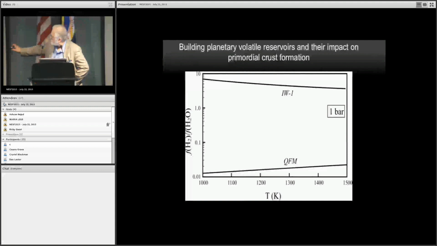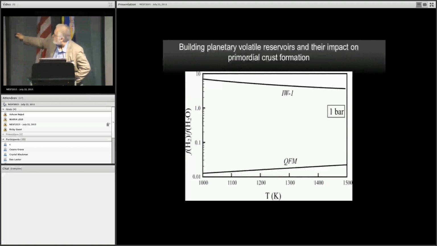how the fugacity of H2 changes in ratio to the fugacity of H2O. And at the QFM buffer, or a fairly oxidizing environment very similar to the Earth, most of the hydrogen species is H2O.